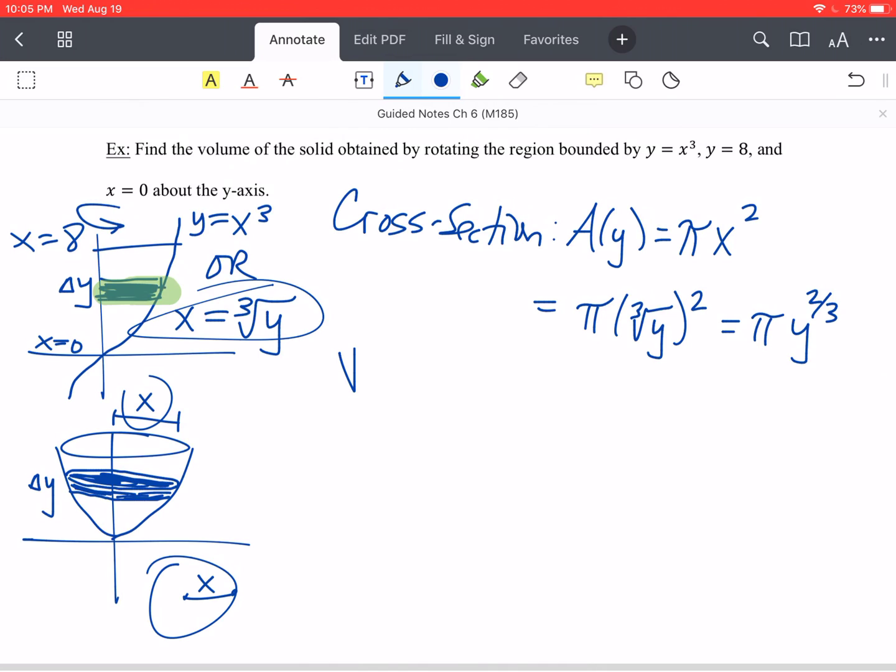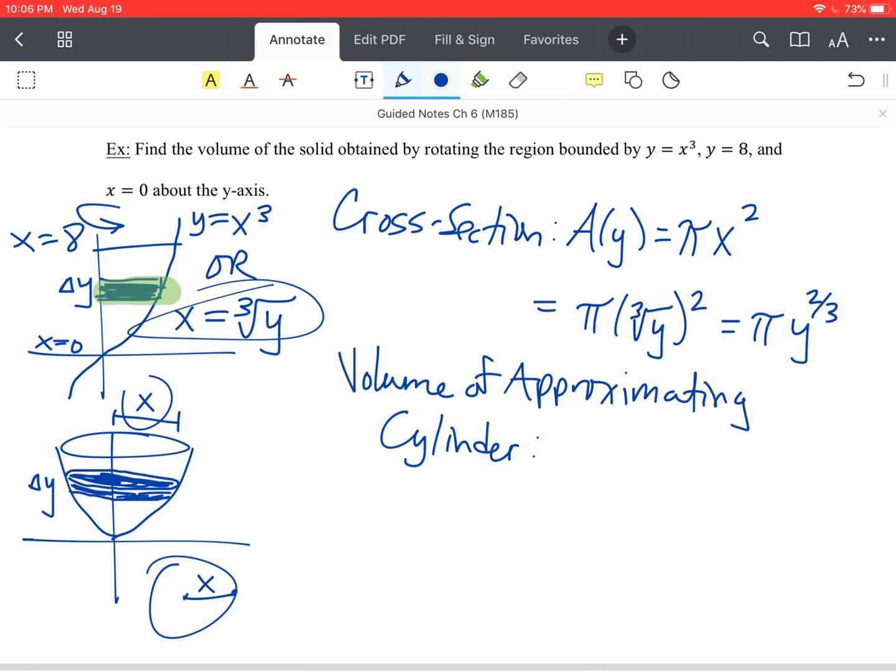So the volume, if we were going to look at this approximating cylinder here, that little short stubby cylinder that we have, so the volume of the approximating cylinder would be the area of the cross-section times delta y.